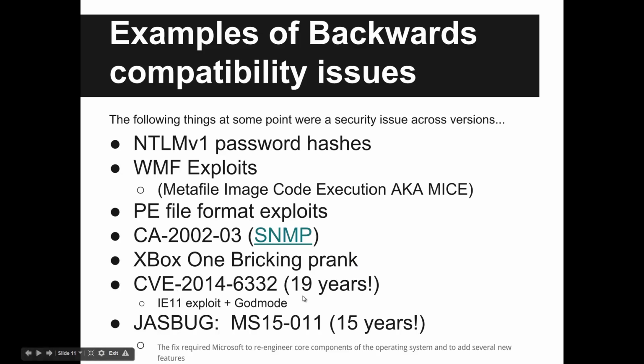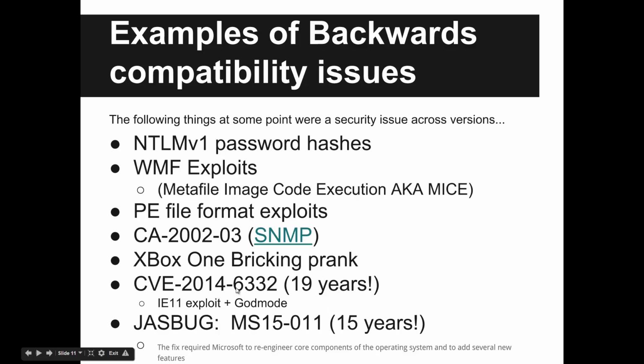But there are other more serious examples that lead to remote code execution on target machines, like CVE-2014-6332, which is an Internet Explorer 11 exploit and sandbox escape to direct God mode on the target machine. And God mode is a specific term within Windows vernacular for essentially super user.